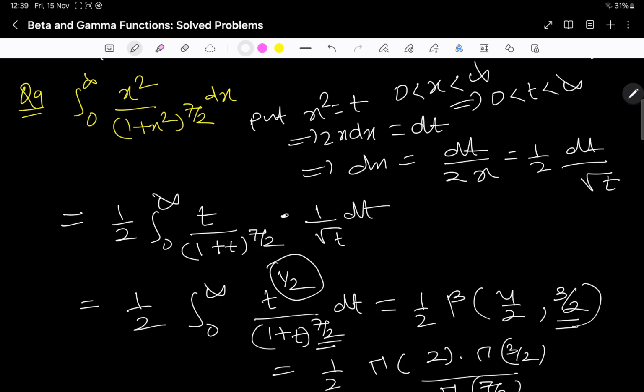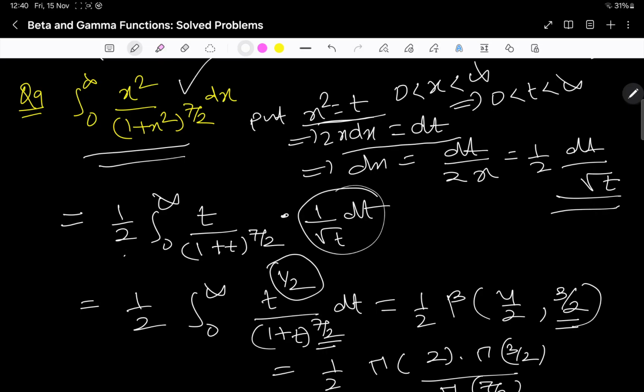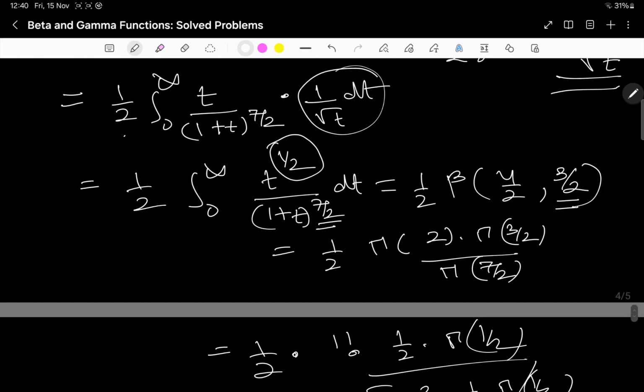So let me repeat, integral 0 to infinity x square over 1 plus x square to the power 7 by 2. I put x square is equal to t, so 2x dx is dt. Accordingly dx is dt by 2x, so the value of x is root over t here. Now I substitute all these things here, half, and it is dt by root t for your dx, and it is t by this. Now it will come to this form.